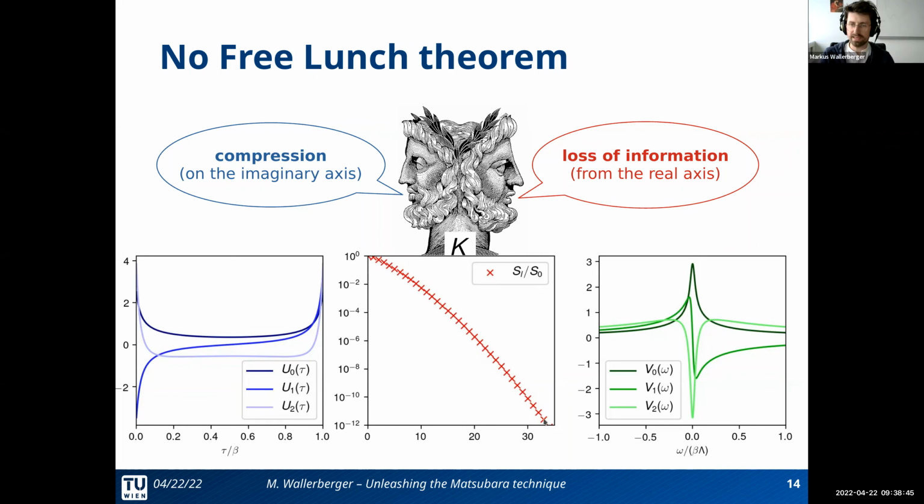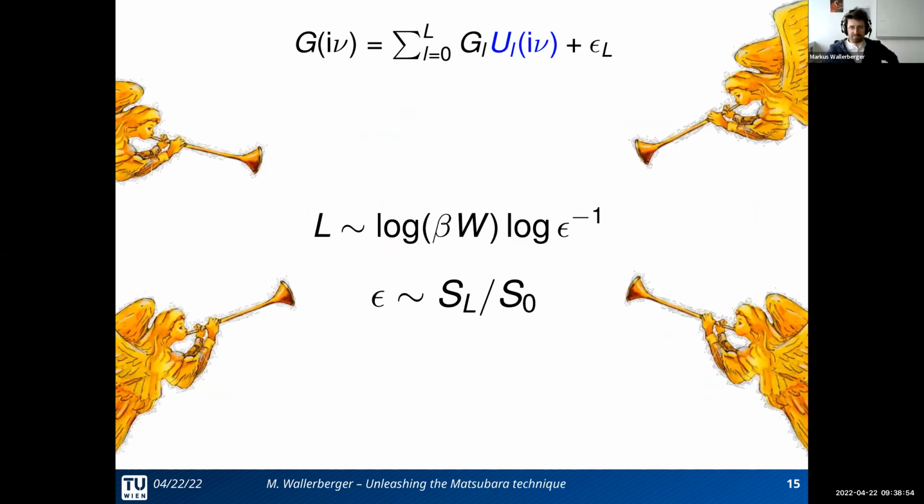The stronger these decay, the more we smear it out, the more we lose, the stronger we can compress. That's the point. In the end, what that means is we have a basis for the imaginary time and imaginary frequency axis, a representation where if we truncate it to the L most significant coefficients, the error we are making decays at least as quickly as the singular values.